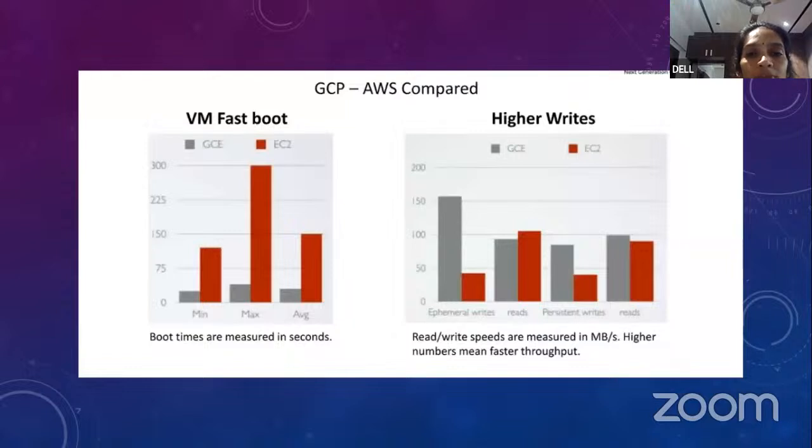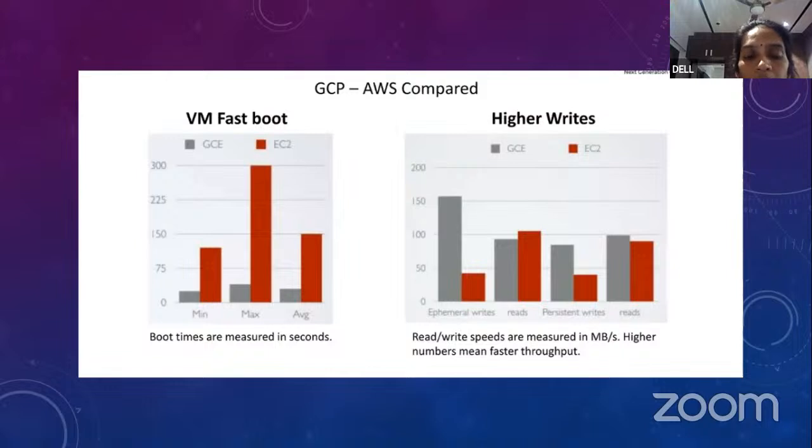Here we can compare Google Cloud and AWS, and see how virtual machines and higher writes compare. The red color indicates the AWS part and the brown color indicates the Google Cloud part. See here, minimum and maximum boot times are measured in seconds.